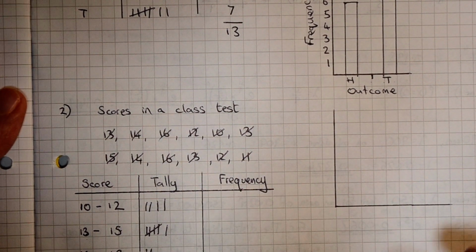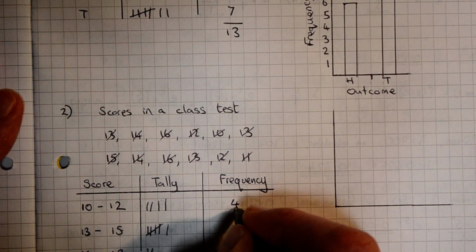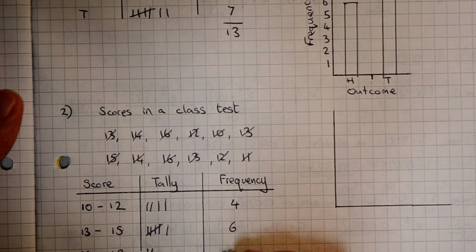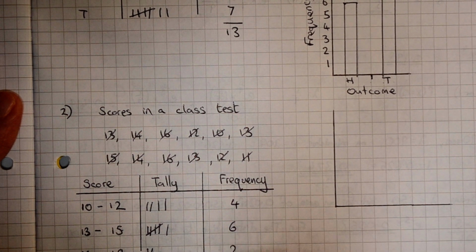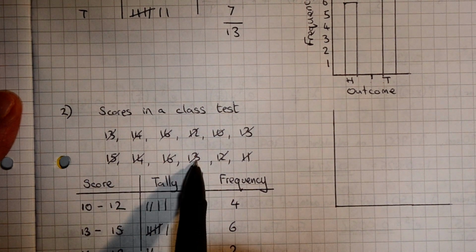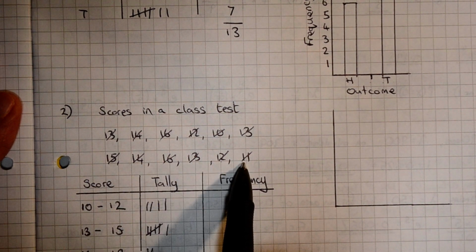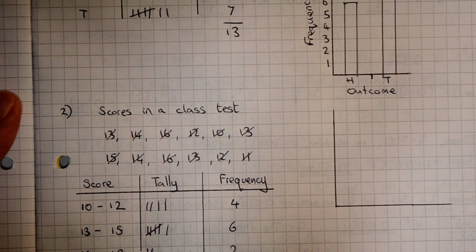So, ready to do our frequencies. And that gives us a total of 12 altogether. So there should be 12 values. I've got 2 rows, there's the same in each row, 6 in each row, 2 6s is 12. So that's right, we've got a total of 12 values.